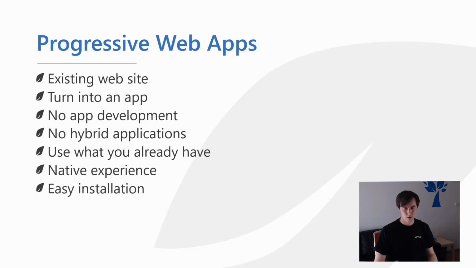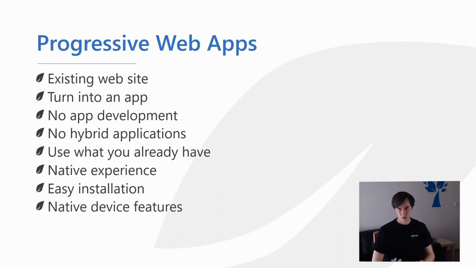The user can install it either from a website, so from a mobile browser, or directly from the App Store or Google Play Store. It can support native device features such as running offline, accessing file storage, some sensors, running in the background and providing notifications and such.